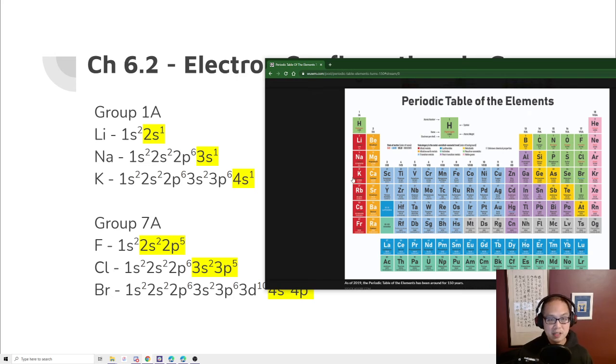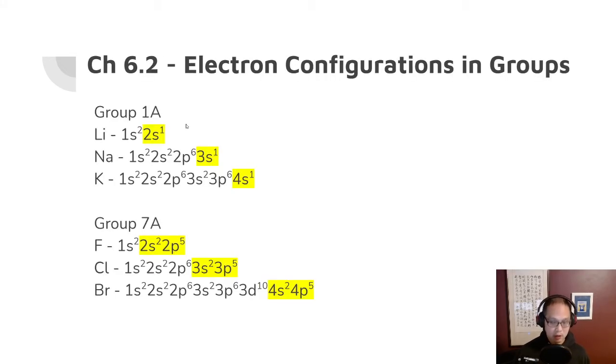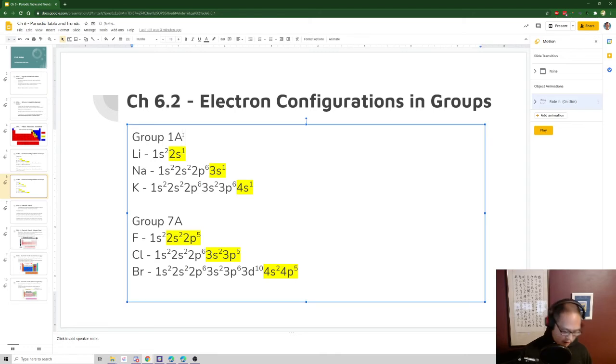All right, so in the same way I wrote ns2, np6 for the noble gases, we could do the same for group 1A. How would you write n something to represent the last electrons filled for group 1A? Hopefully you said that you would write ns1, because group 1A always ends in ns1.